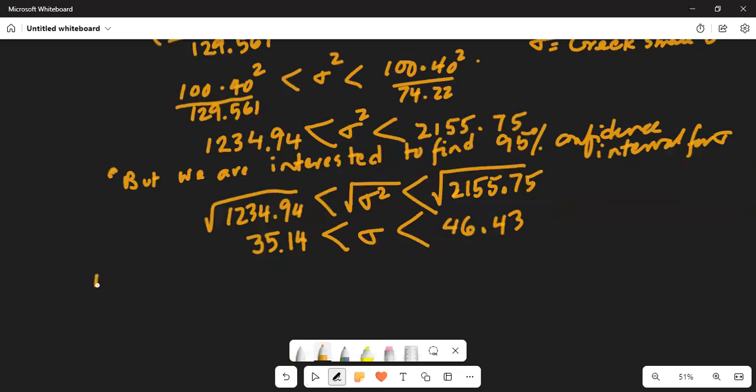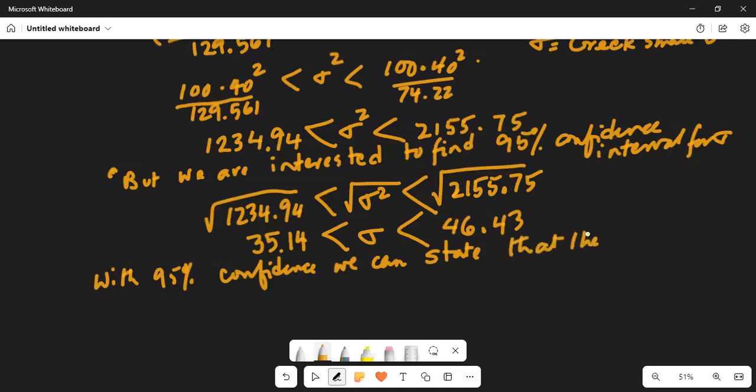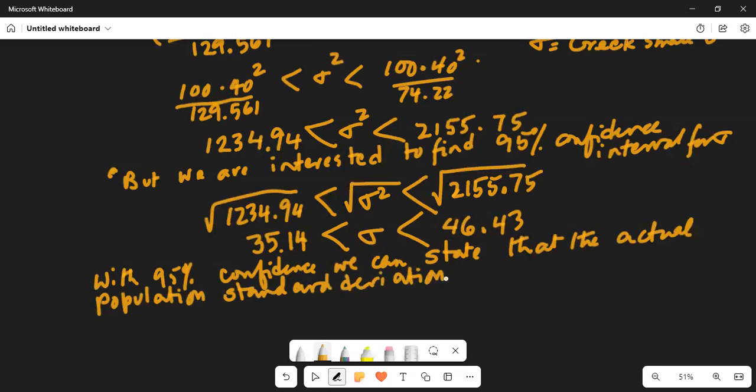With 95% confidence, we can state that the actual population standard deviation will fall between 35.14 and 46.43.